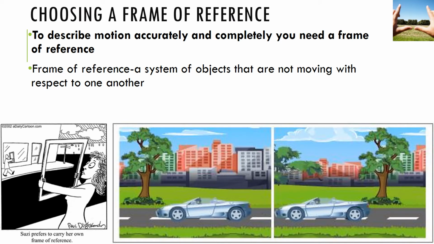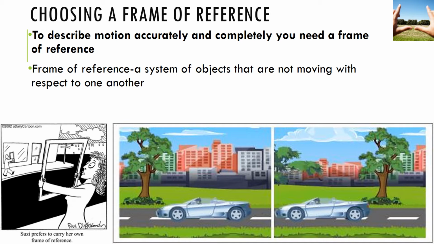So question number 1 is, what is a frame of reference? And a frame of reference is a system of objects that are not moving with respect to one another. So basically, if you look at the 2 pictures on the right, a great frame of reference would be the tree. The tree is stationary. So if you were in that car and you compared your speed to the tree, you would be able to tell that you were moving.